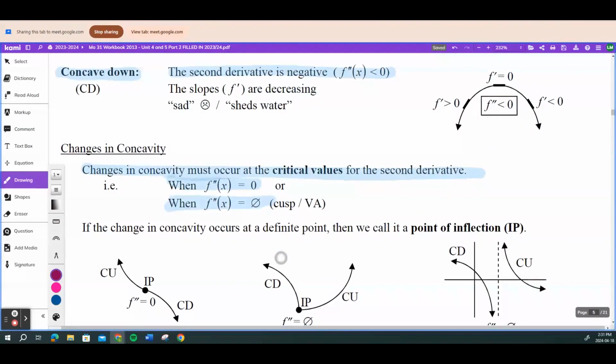So when you have your second derivative equal to 0, that means that you could either have an inflection point or a max or a min.